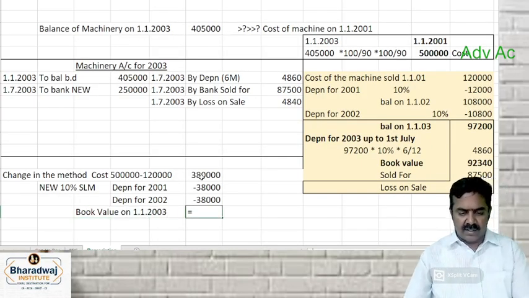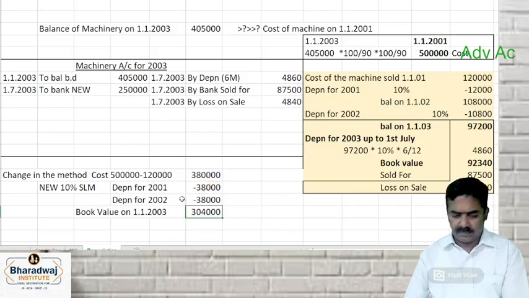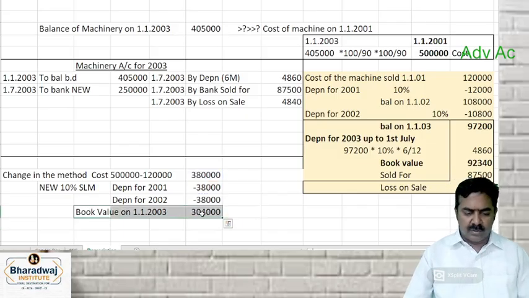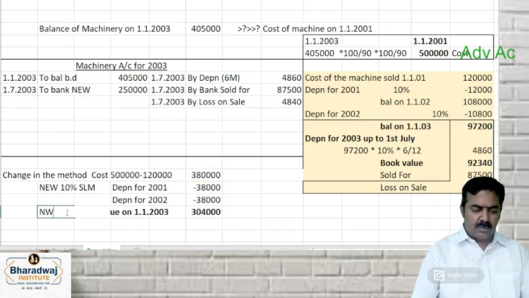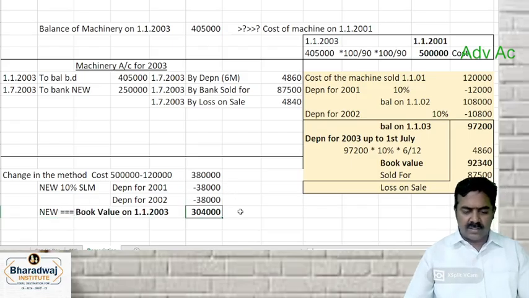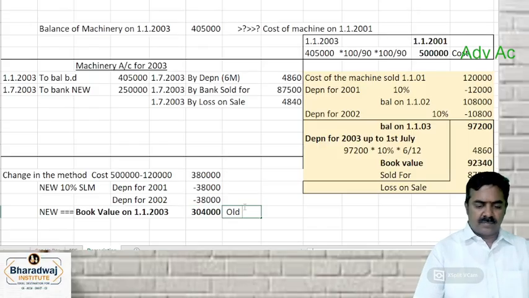Okay, 3,80,000 minus depreciations. Book value on 1/1/2003 is 3,04,000. This is as per the new method. New method book value as on this date is 3,04,000. What is the old book value?